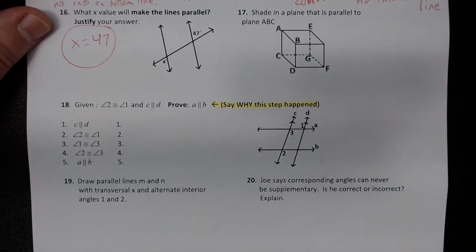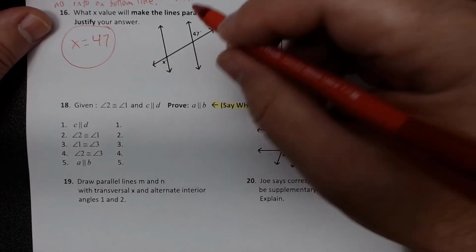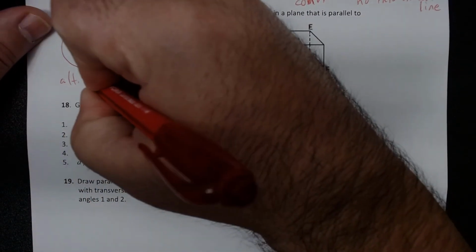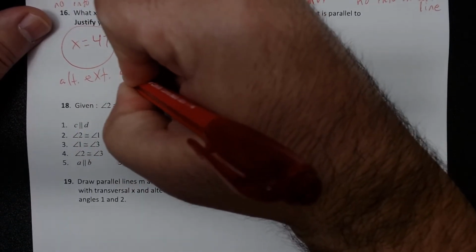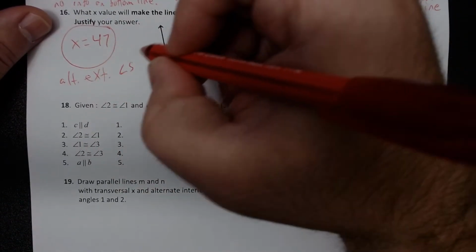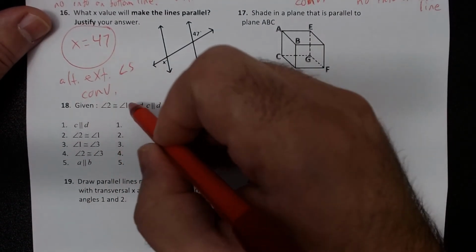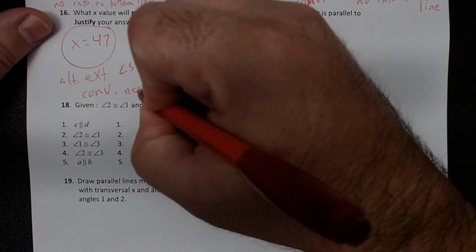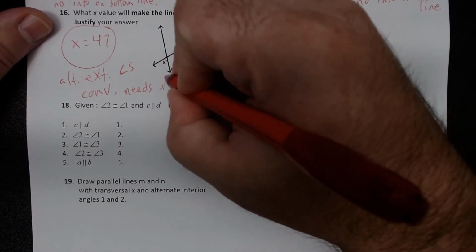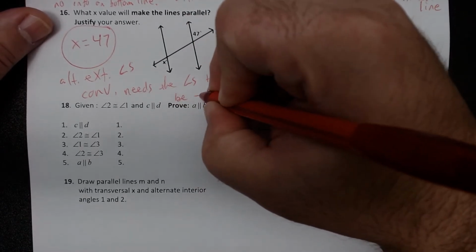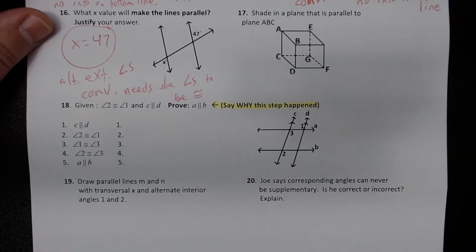When it comes to justifying, it'd be because we would want to use the alternate exterior angles converse. So the alternate exterior angles converse needs the angles to be congruent. They have to be the same.